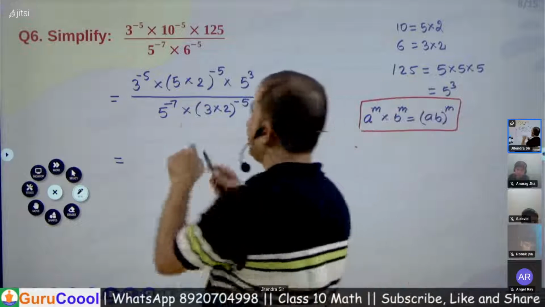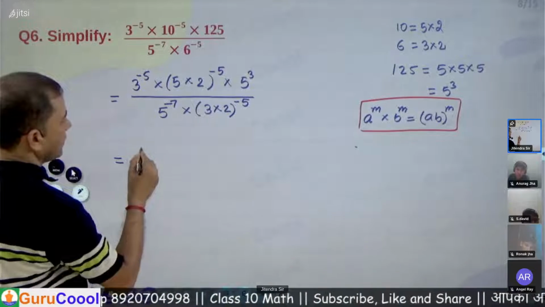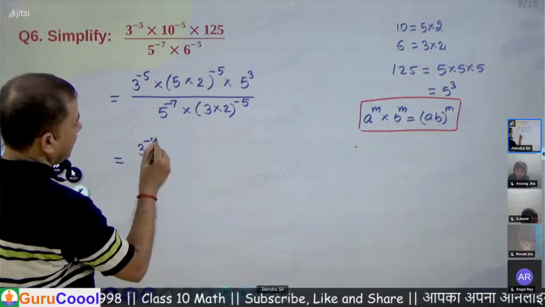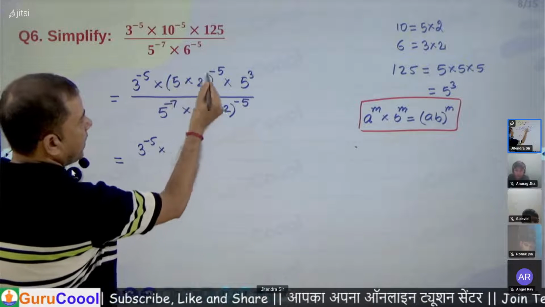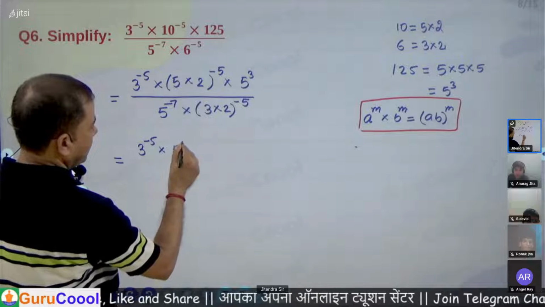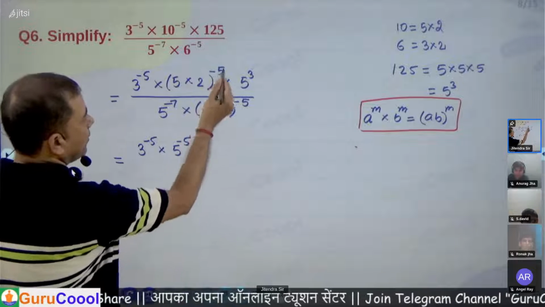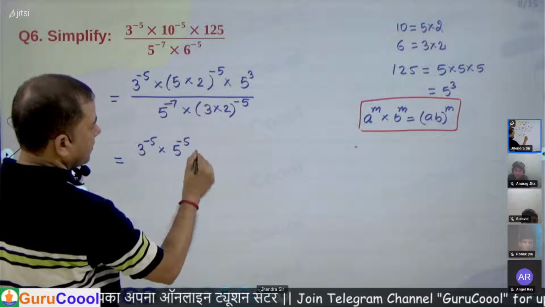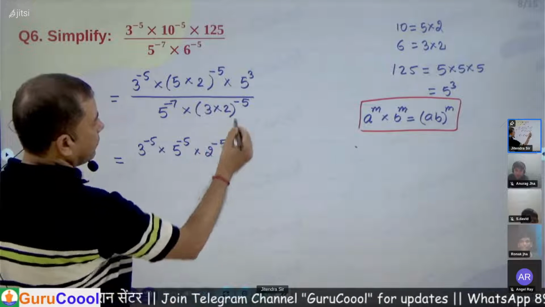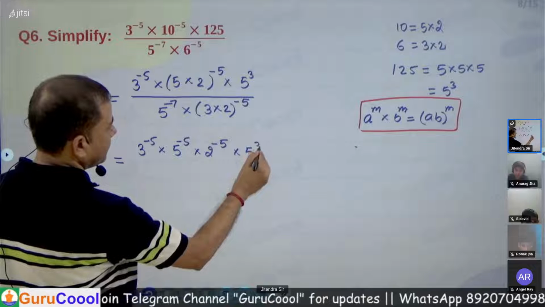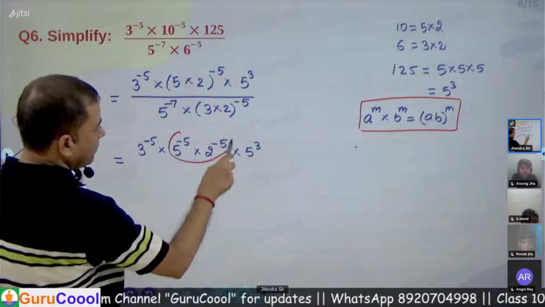I'm going to write separately. 3 power minus 5. I will make them separate. 5 power minus 5 and then 2 power minus 5. Does that make sense? Yes, sir. And then 5 power 3. Is this clear to all of you?